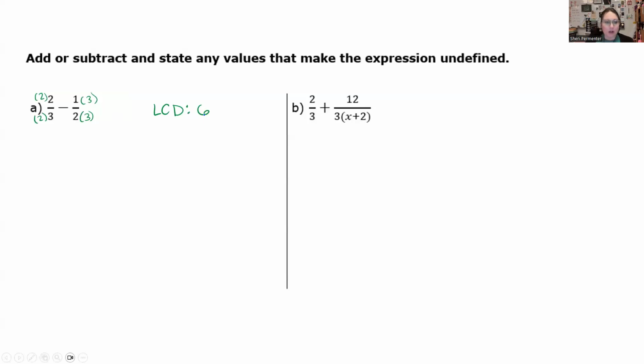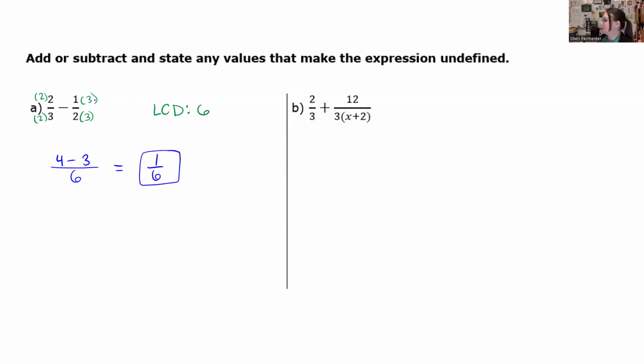So I already know that my denominator is going to be 6. My numerator, though, is going to be 2 times 2, which is 4, minus 1 times 3, which is 3. What's 4 minus 3? 1. So my answer is 1/6.